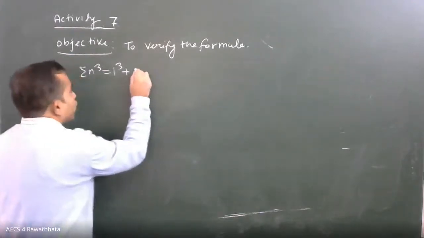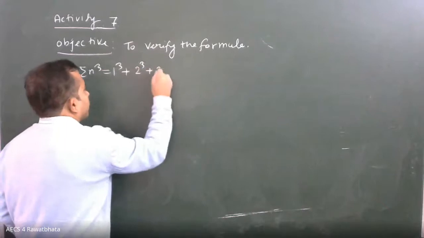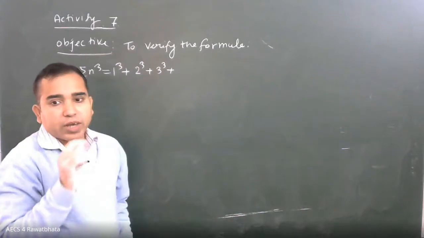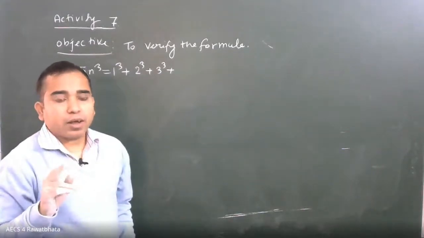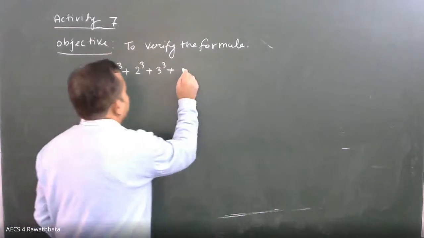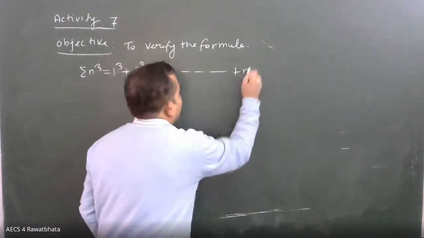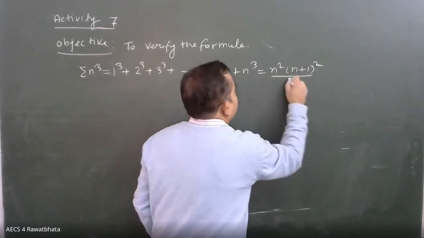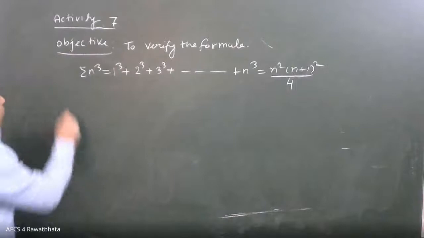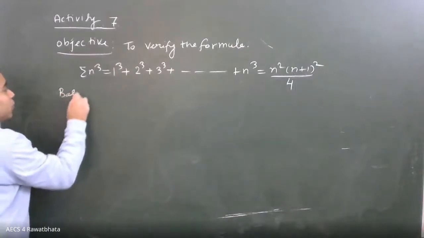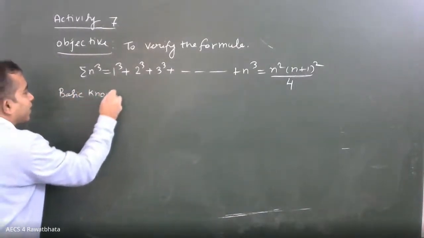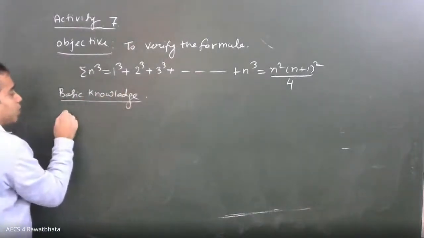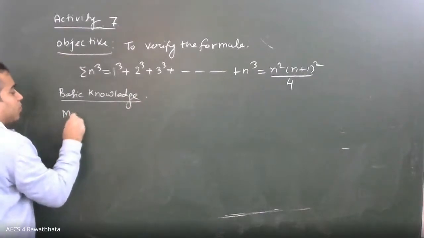Summation n cube is how much? N square into n plus 1 whole square whole upon 4. Right, absolutely right. I am writing this formula and I have to verify that it is true. So basic knowledge of summation or sequence can be written. Material, nothing special.